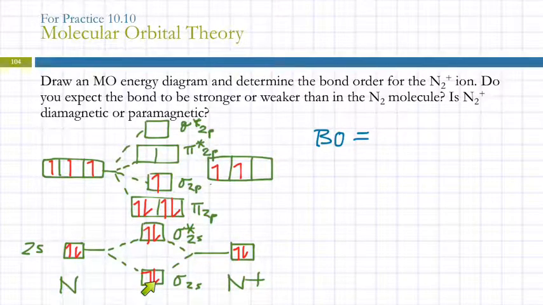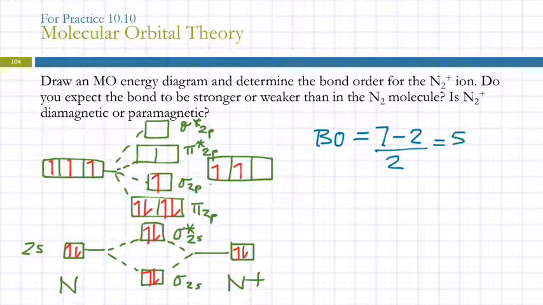So I've got bonding orbitals 2, 4, 6, 7. 7 electrons in bonding orbitals. And how many in antibonding? 2. And then that's divided by 2. So this gives me 5 halves, or 2.5. So that's the bond order for this ion.